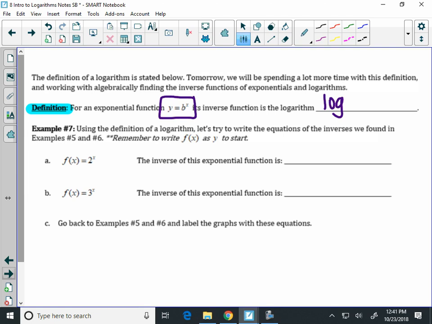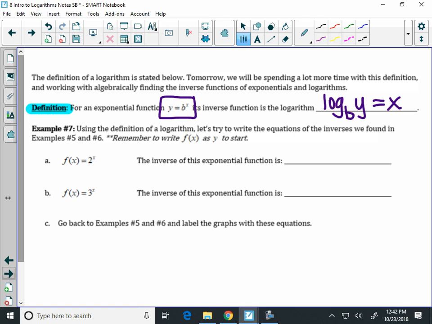Now here's a little different thing. We're going to do a subscript. We call it a base in math. Log base b, so the b is a little bit lower and a little bit smaller. Log base b of y, so y is now back up to the normal level, same size. So log base b of y equals x.